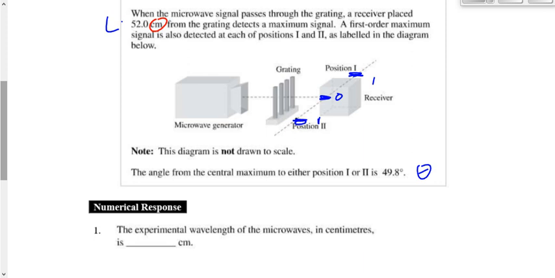We want to find the experimental wavelength of the microwave in centimeters. So let's go lambda is equal to d sine theta over n. Now, notice we want to find the wavelength in centimeters. What can you do as a little bit of a shortcut here?